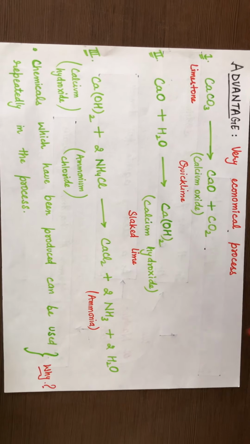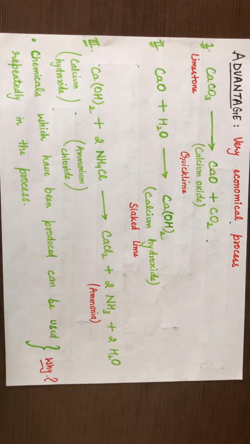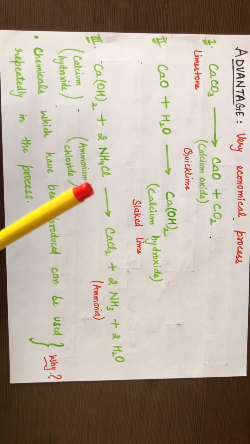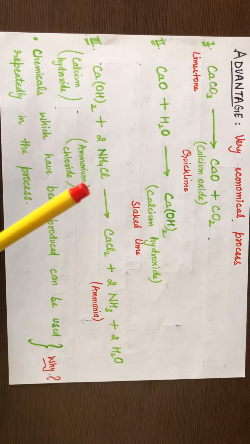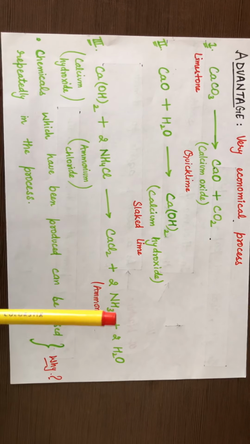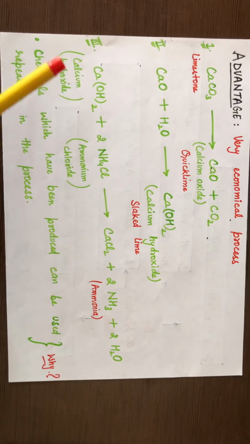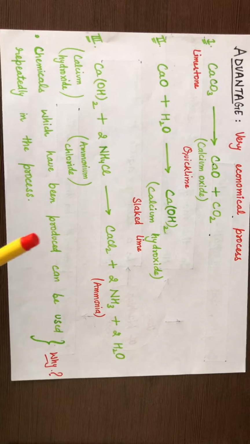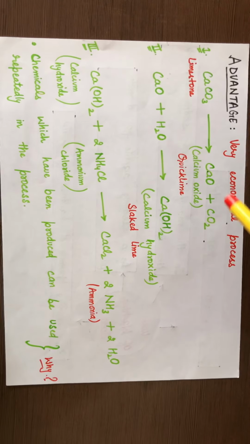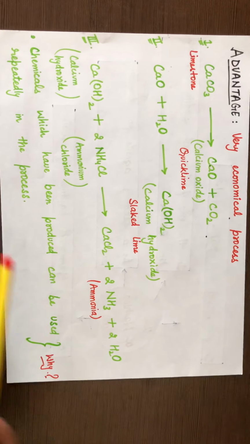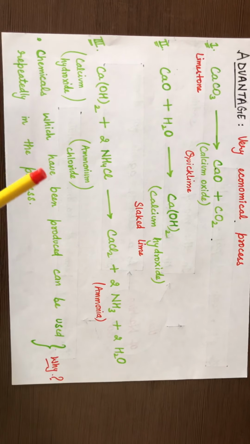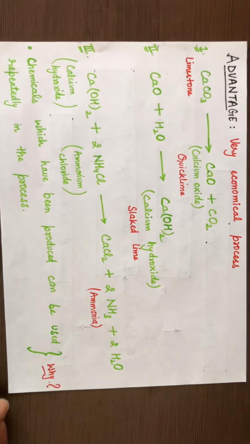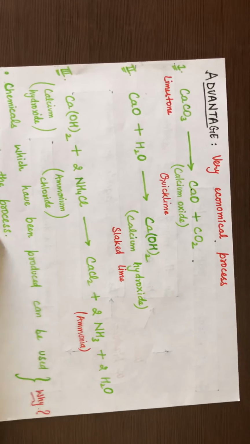This calcium hydroxide's common name is slaked lime also, and this calcium hydroxide reacted with the ammonium chloride, which is obtained in the first step, gives us ammonia. Meaning this method also regenerates the ammonia in the reaction. So why is it economical? Because chemicals which have been produced can be reused in the process. So it is a very economical process.